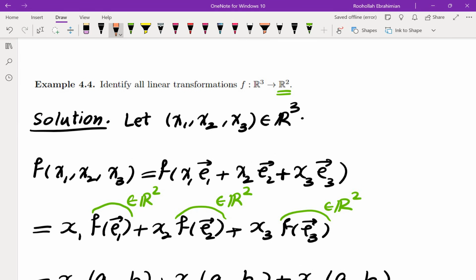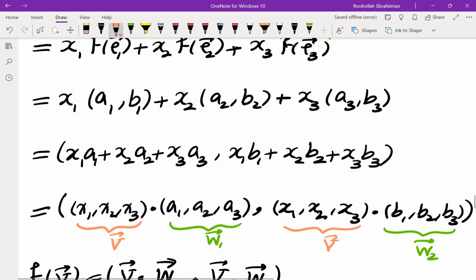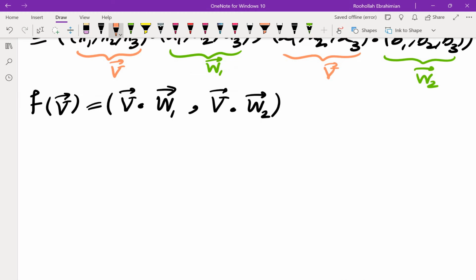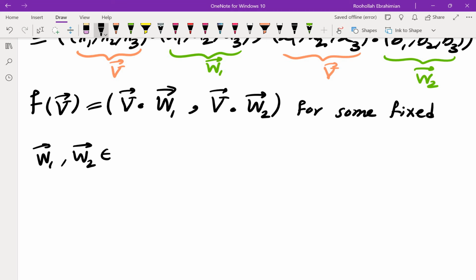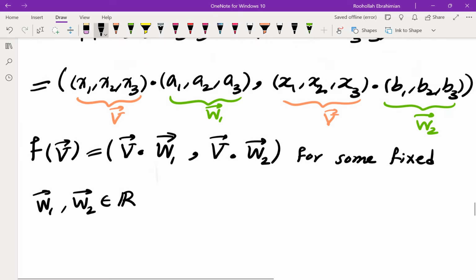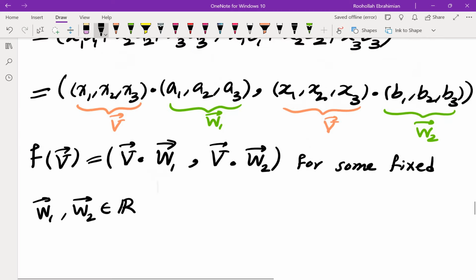Now it's really interesting because we got something similar to what we had before. So both of the components are going to be dot products. So if f is linear, then f looks like this. Now I will have to show that everything of this form is also linear. So this is for some fixed w1 and w2, and w1 and w2 are in R3, of course, because the domain is R3.